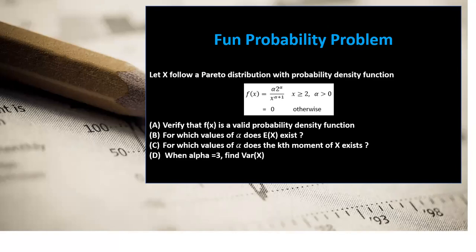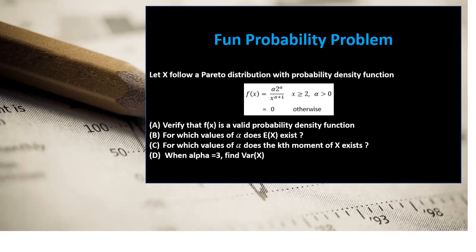Okay, so today for this section, we're going to take a look at Pareto random variable distributions. We're going to take a look at some very basic things about the Pareto distribution. We say that X is a Pareto distribution with a probability density function like what we described here. Then the first thing is, we want to verify that f of X is a valid PDF.